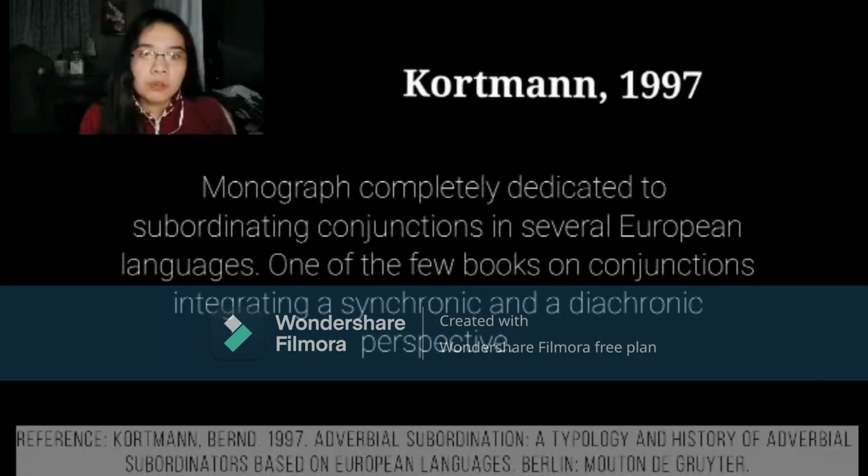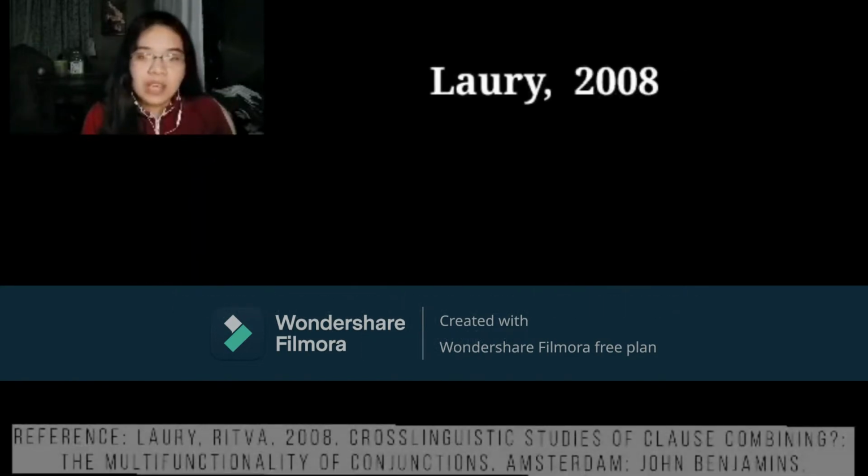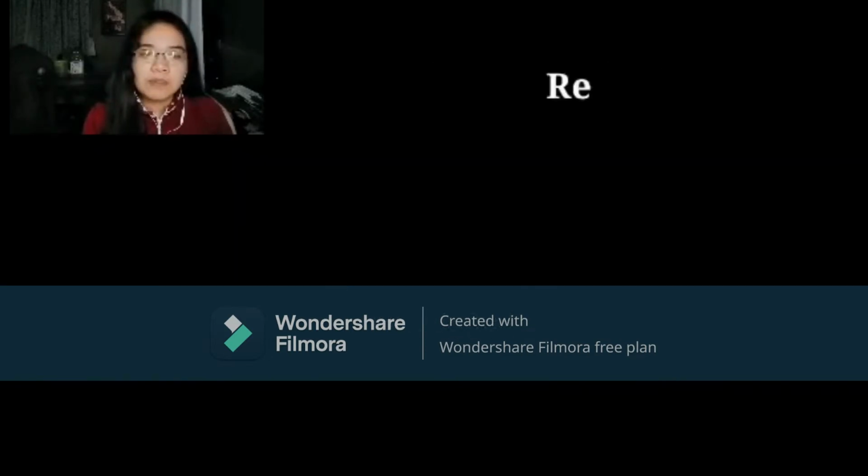One of the few books on conjunctions integrating a synchronic and a diachronic perspective, which provides a typology of subordinating conjunctions. Lary said in the year 2008, a collective volume gathering contributions focused on multifunctionality of conjunctions based on data from several languages.